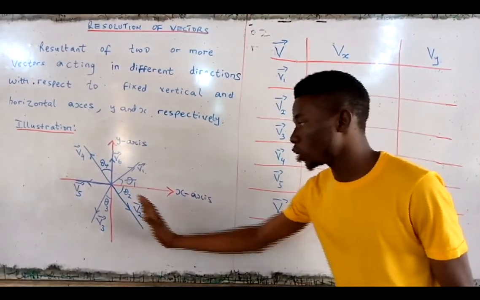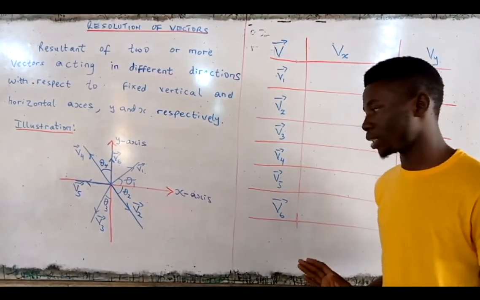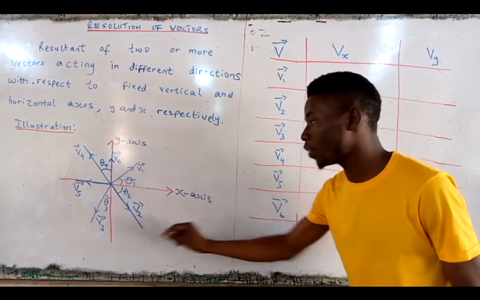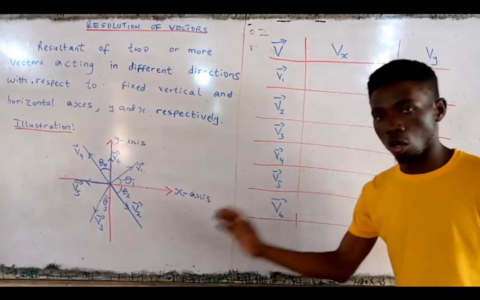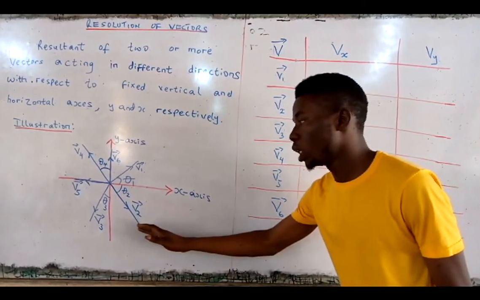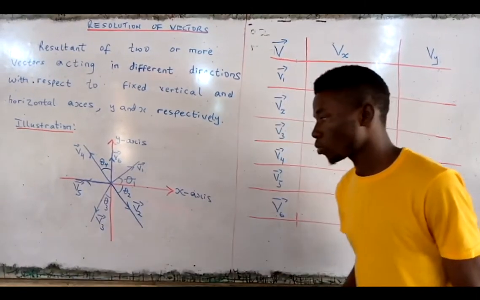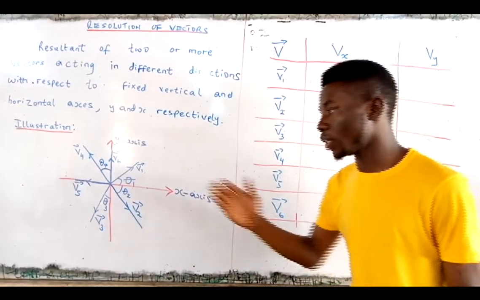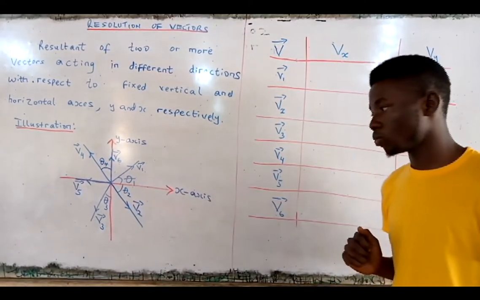Now, let us look at vector v2 as well. Vector v2 is also on the right hand side. This implies that vector v2 will have a positive value as well with respect to the x-axis. But v2 is acting below, which implies that with respect to the y-axis, it is going to have a negative value.